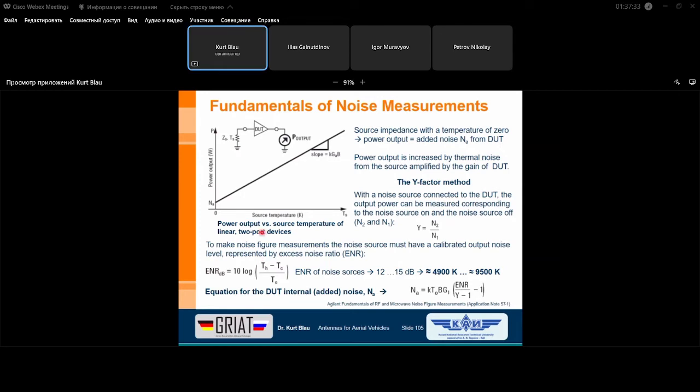If this resistance is hot, it's lying between, for instance, 4,900 and 9,500 Kelvin. It's clear that if you apply this temperature to a real ohmic resistance with fire, with a super hot flame, such a resistance is destroyed, it's vaporized.